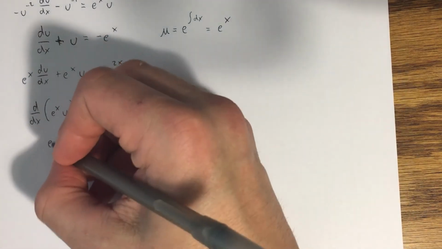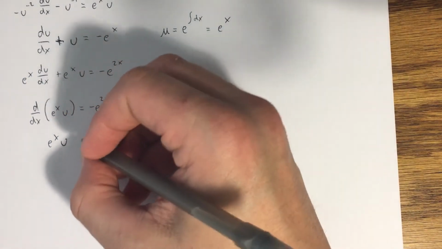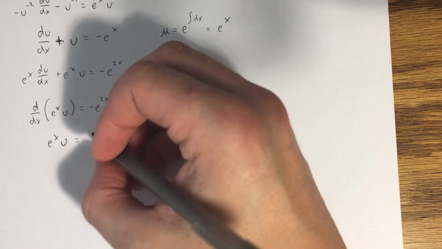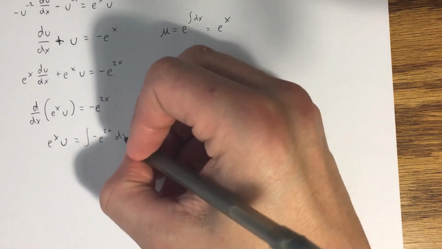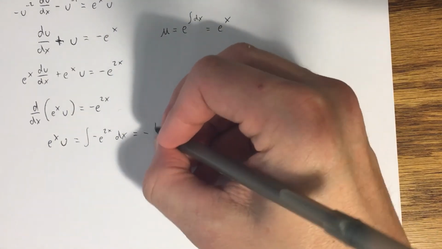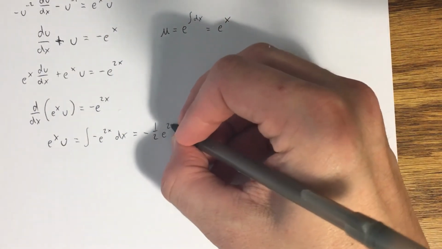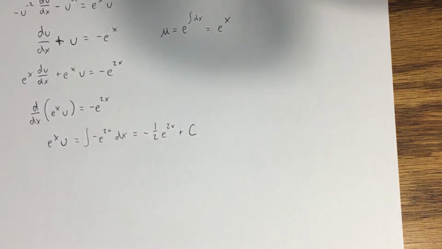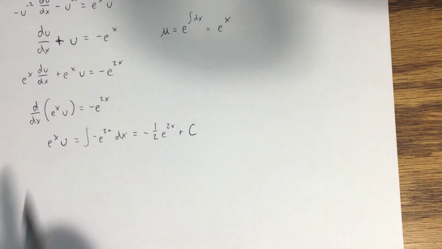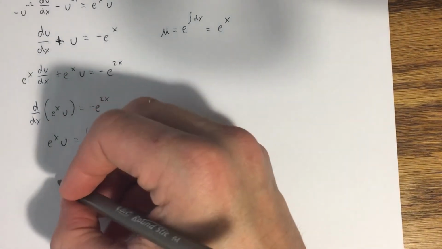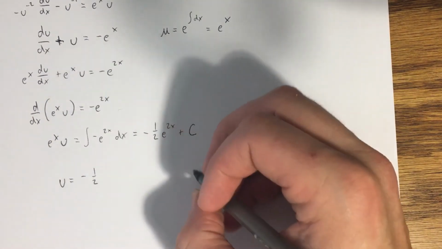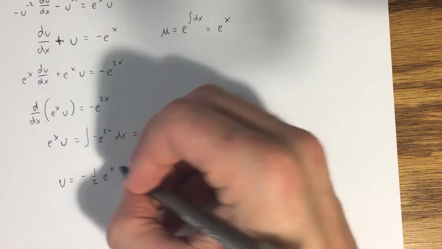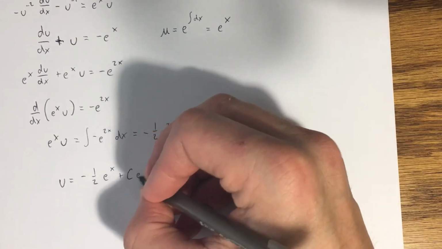I'm going to get e to the x u equals, if I integrate that, the integral of negative e to the 2x dx, which is the same thing as negative 1/2 e to the 2x plus c. Divide both sides by e to the x so that we can isolate our u. I get u equals negative 1/2 e to the x plus c e to the negative x.